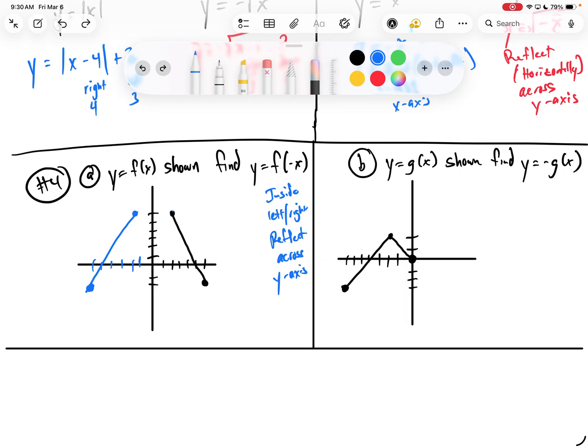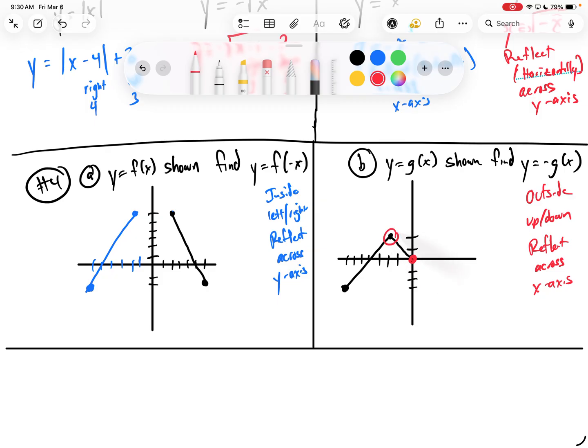You just got to know whether you're going left or right or up or down. So on the one on the right, this is outside. So that has to do with up and down vertically. So I'm going to reflect across the x-axis. So the 0, 0 is weird because it's not going to change. It doesn't go up or down at all. But now I'm going up and down.